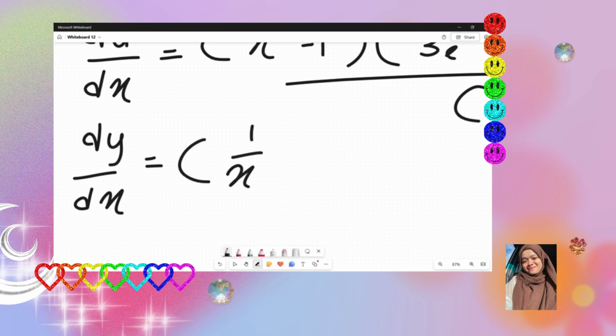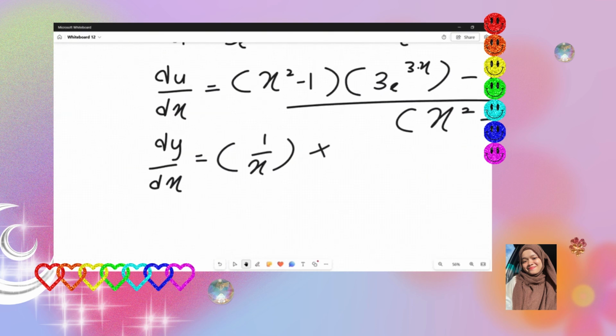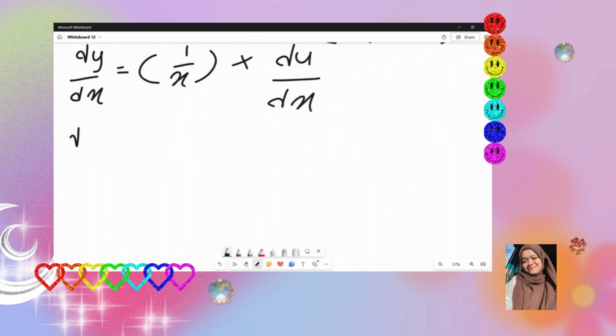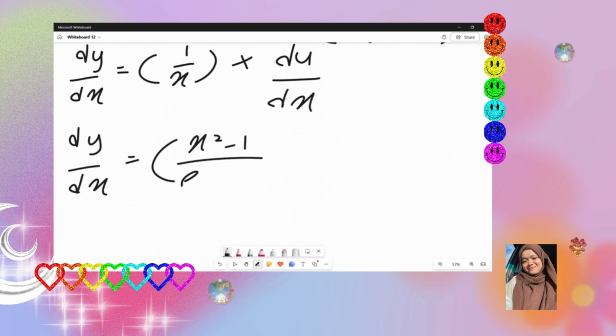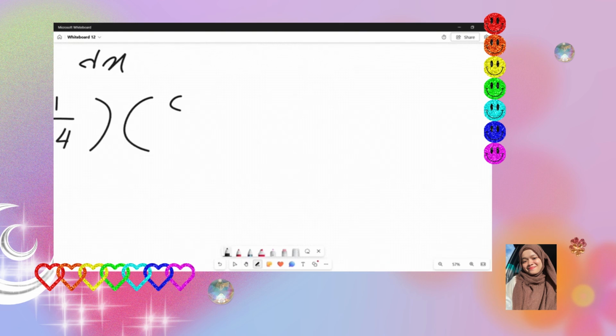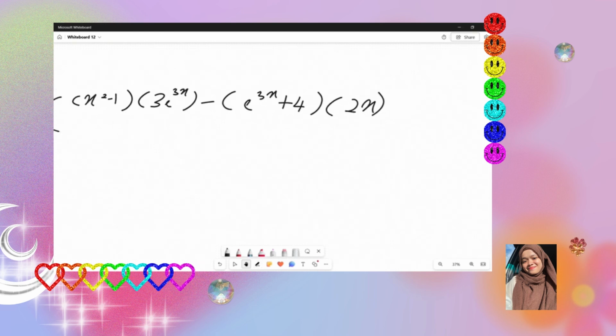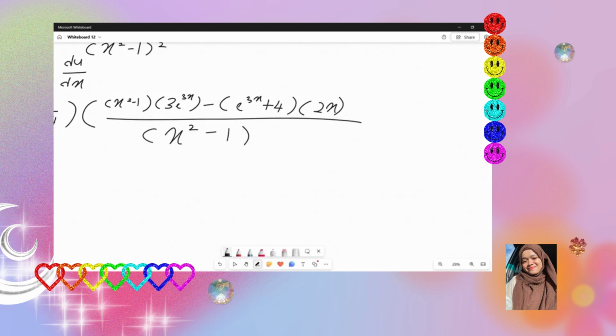The ln that we already differentiated, we need to multiply with du over dx that we wrote before. So dy over dx is equal to, I put the x squared minus 1 at the top over e to the power of 3x plus 4, and then we multiply with du over dx: (x squared minus 1)(3e to the power of 3x) minus (e to the power of 3x plus 4) multiplied by 2x, over (x squared minus 1) squared.